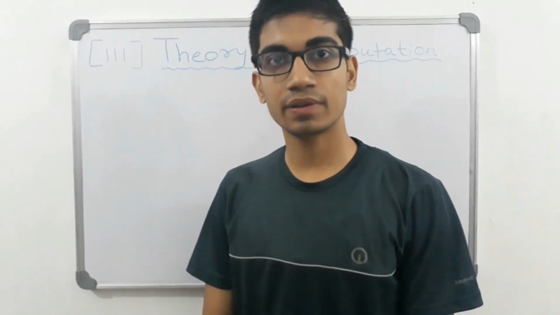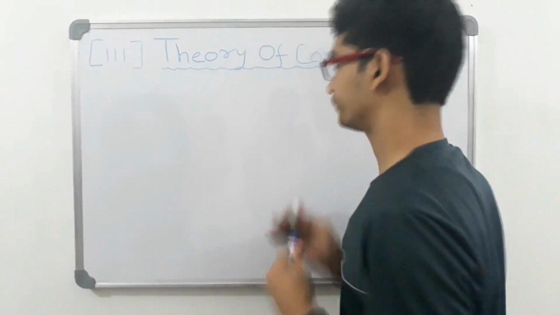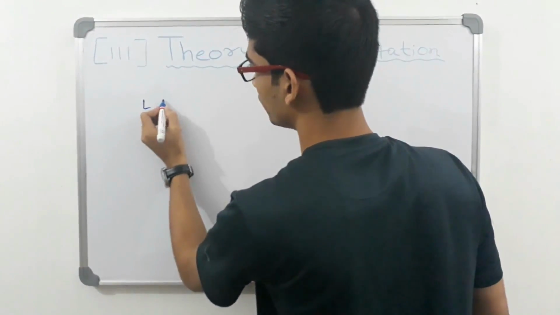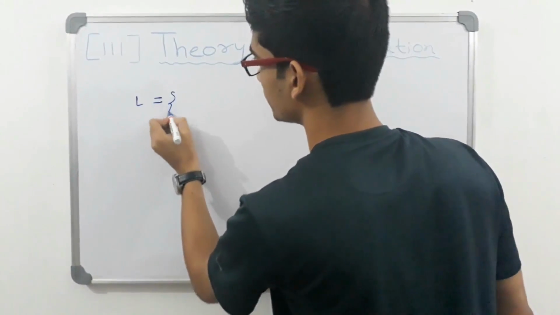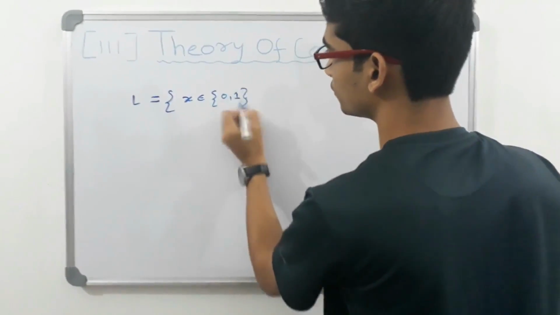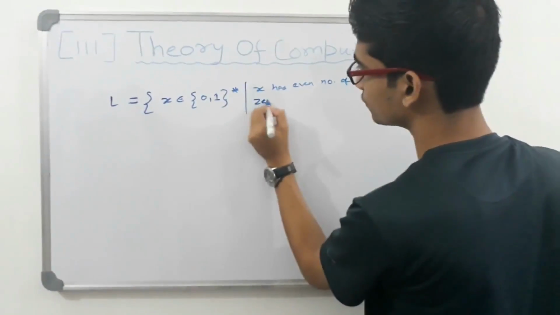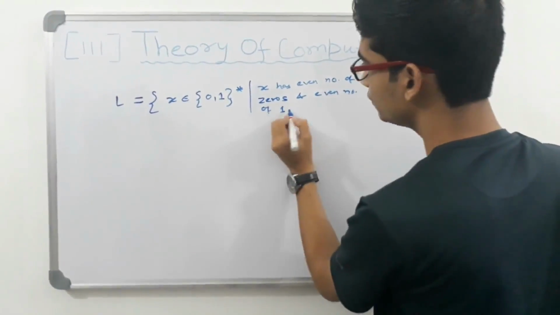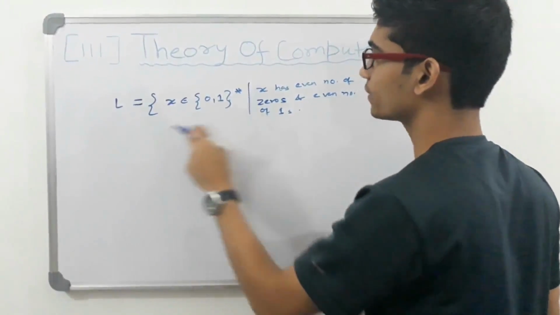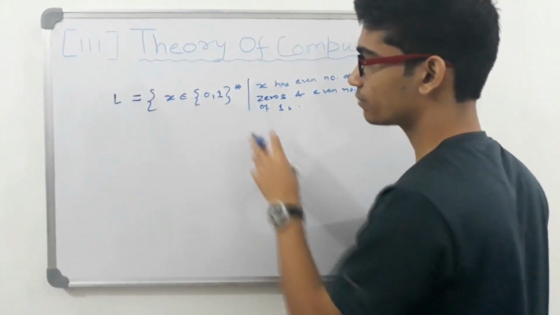In the previous tutorial I gave you one problem, so let us see how we draw that. The problem was to draw a model for this language, L equal to x belongs to... So this was the previous problem. We have to draw the machine, the model for this problem.